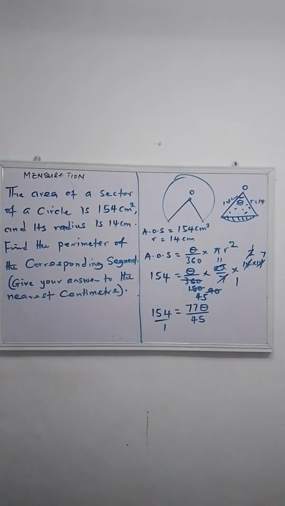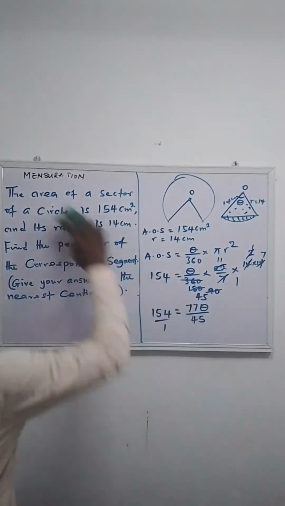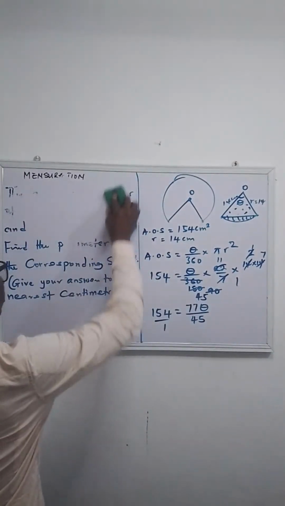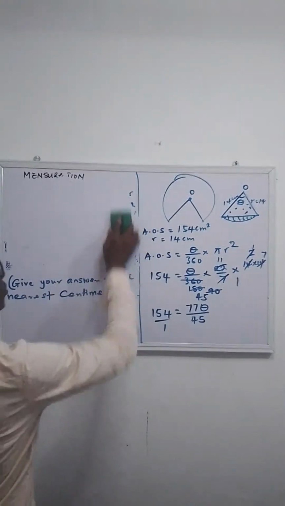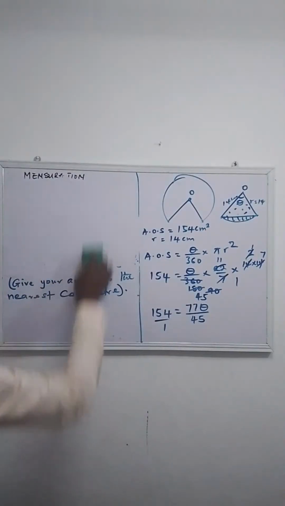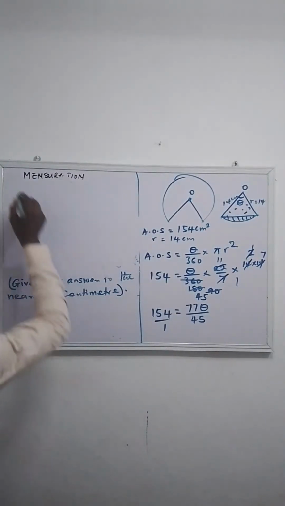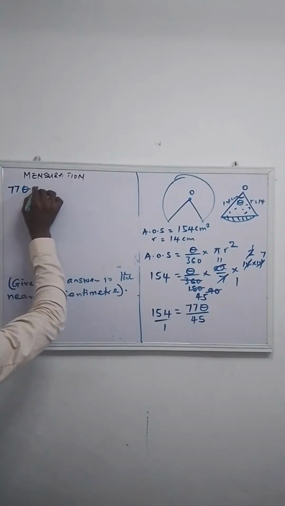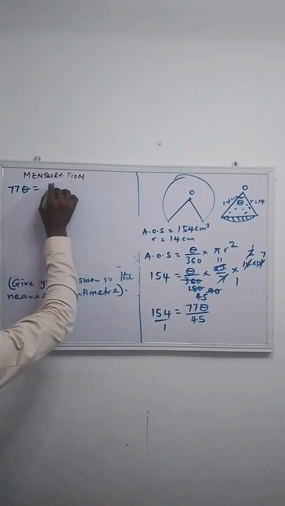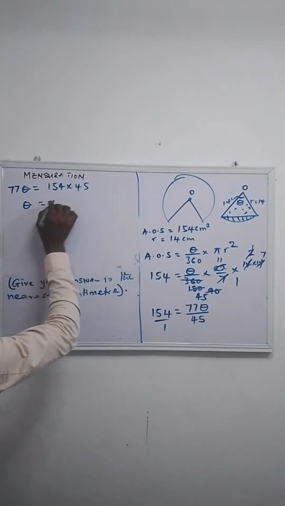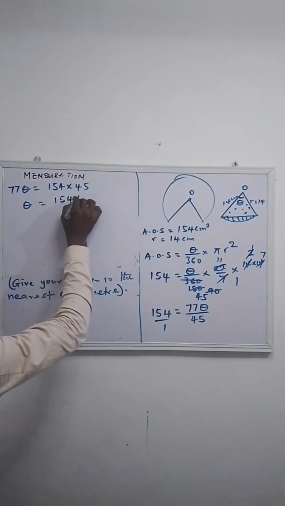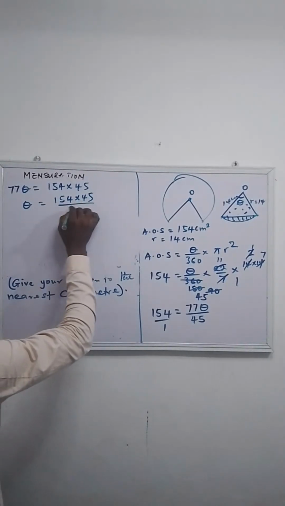So when you cross multiply, you have 77 theta equals to 154 times 45. So we have theta equals to 154 times 45 over 77.